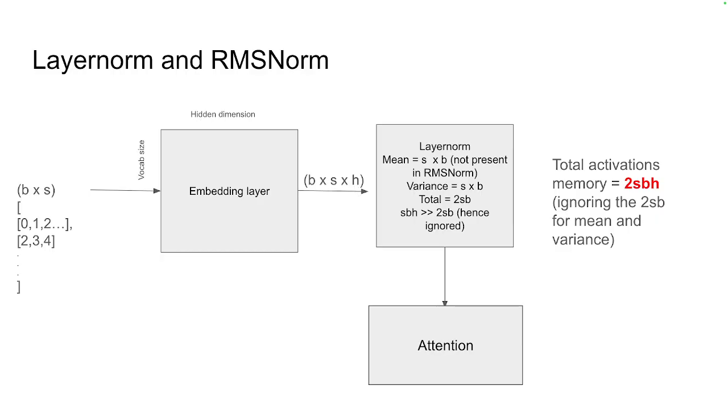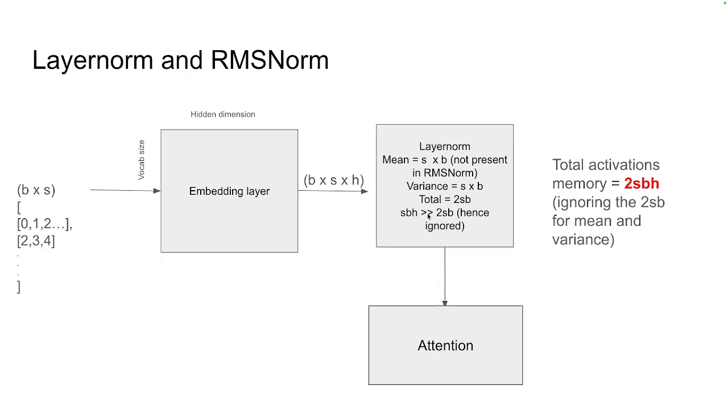After that, before we start doing self attention for the first layer, we start with a layer norm in a transformer block. In layer norm, we have mean and variance, which are unique for a batch size, because mean and variance are basically for each hidden dimension. So you need to store those activations so that you can do backward pass on mean and variance, because those are also learned.